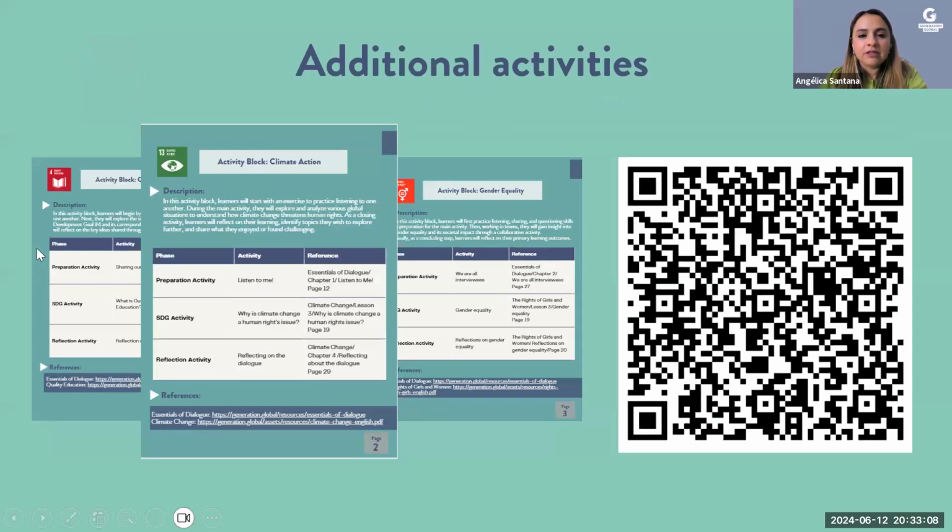You can download these additional activities, from gender equality to climate action and quality education. So there are three more activities that you can download, take a look at on your own, and even apply in your classroom, specific to those three SDGs. So please go ahead and download them.